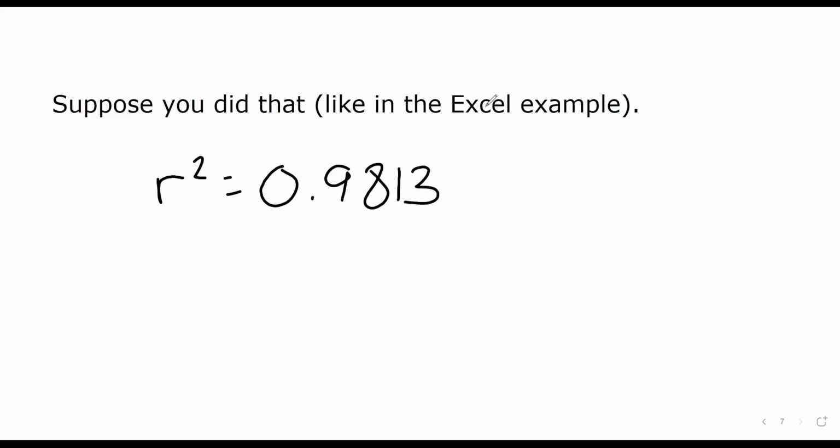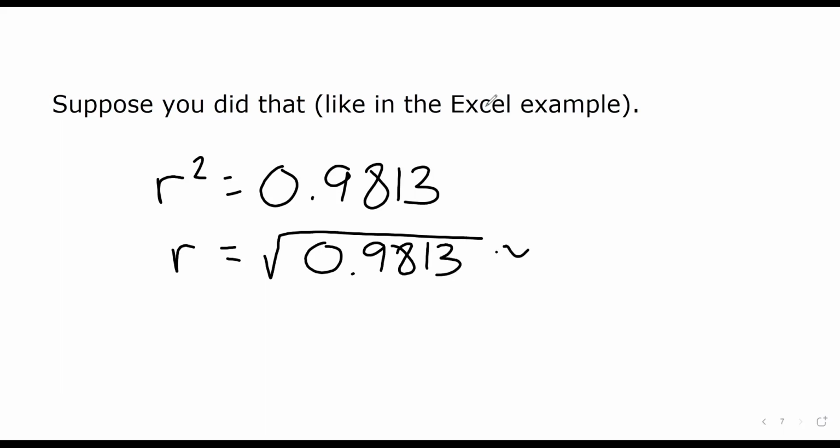This is not correlation. This is the square of correlation. But to get the value of R, all we have to do is square root that. 0.9813. And we'll round it to 4 decimal places. Wait, did we have a default number of decimal places to round to? 3? Okay, we'll round it to 3 decimal places.